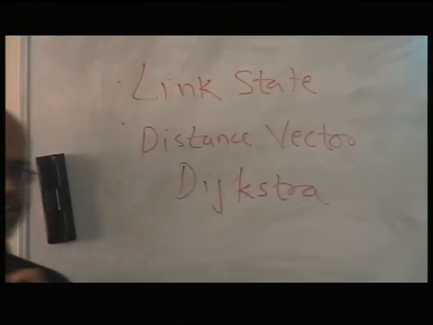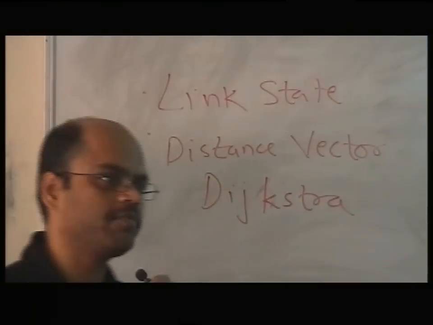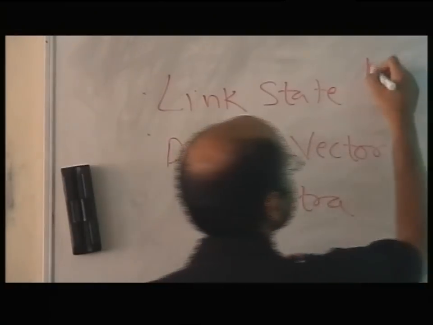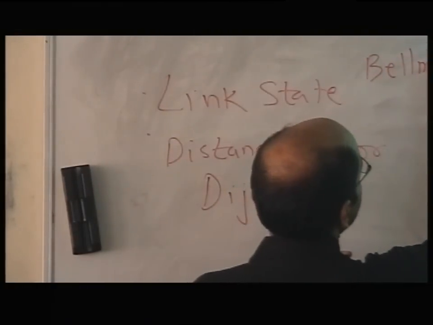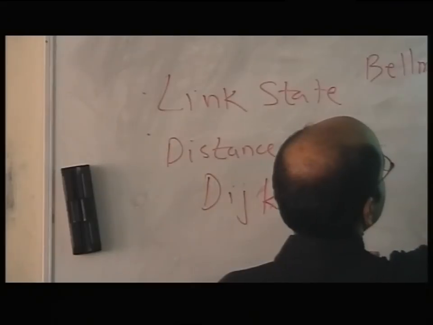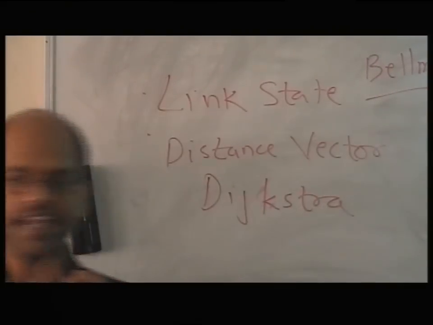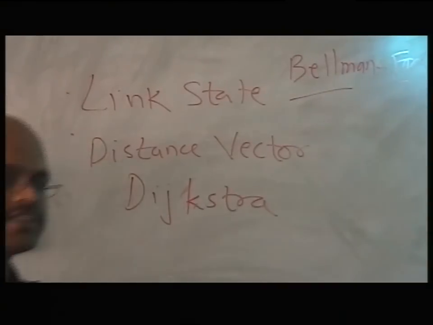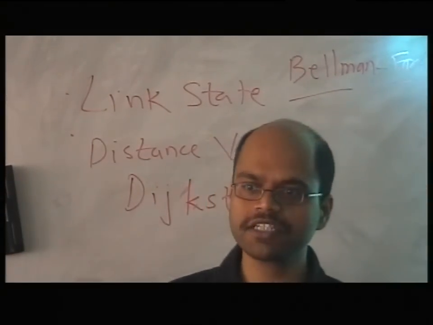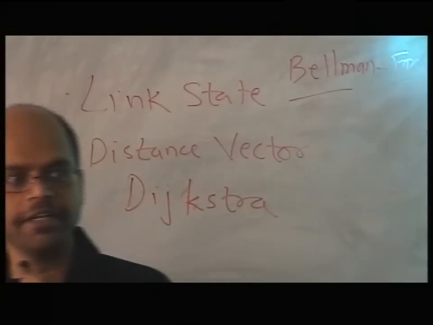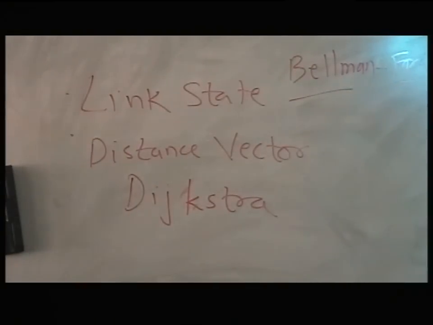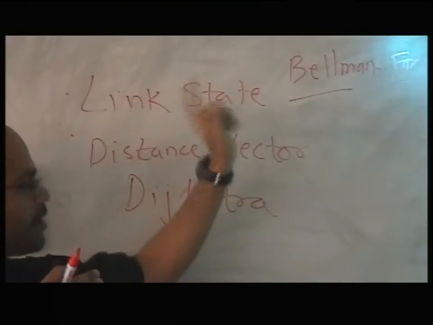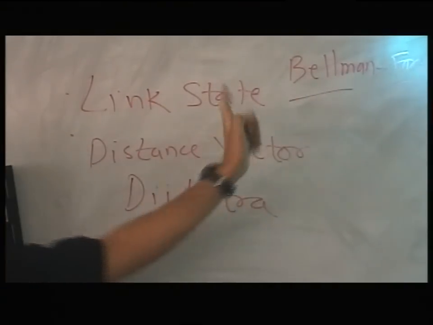And for this one, there are two people who simultaneously came up, in different corners of the world, with the same algorithm. They independently came up with it, and then when they saw in their papers that it was actually the same algorithm, the credit is now given to both people because they independently invented the algorithm. This other one is given to just one person who is really famous. That is one difference between these two.